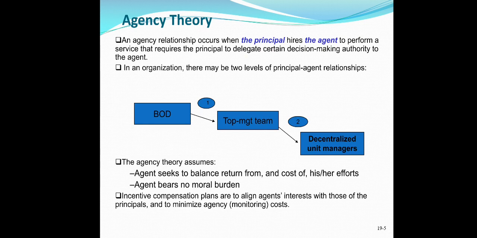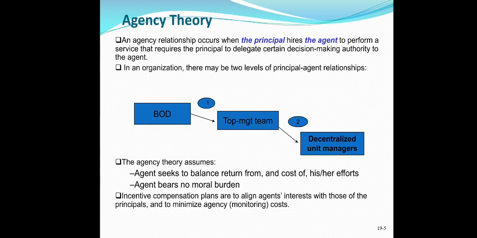The board of directors is the principal, and the manager is the agent. The principal asks the manager to do things. Okay, top level management.